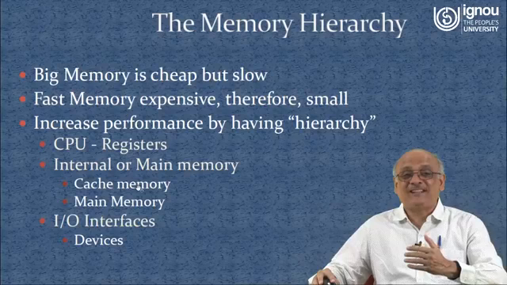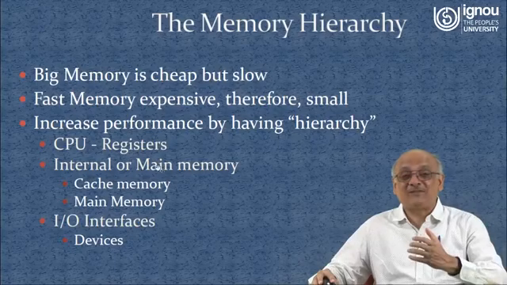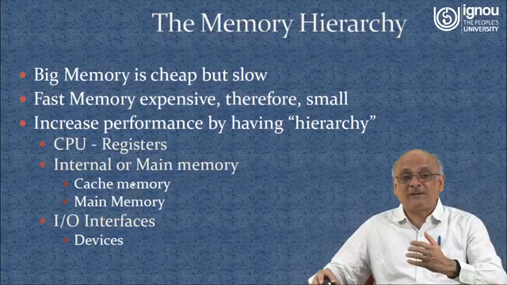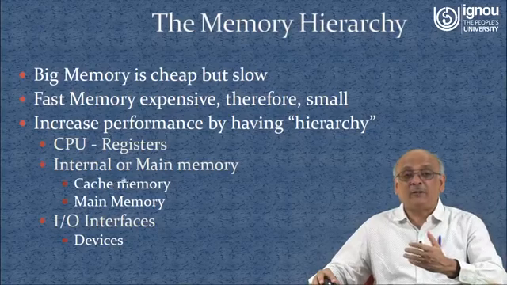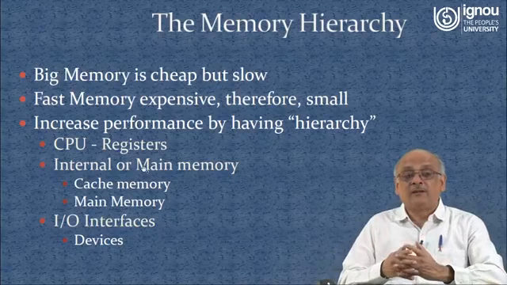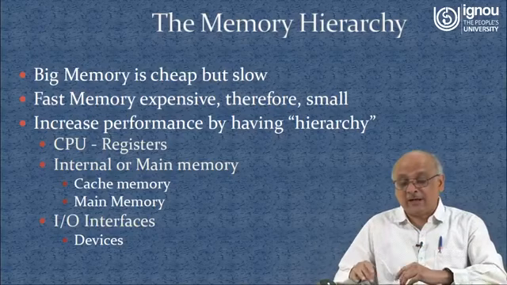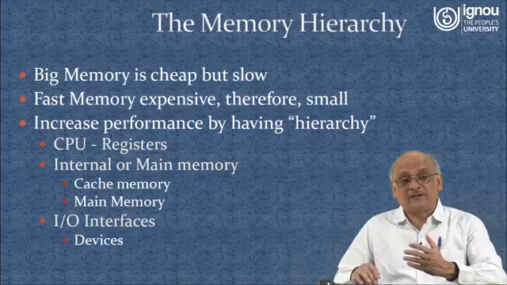This is the essence, and cache memory is going to be very, very fast. Some of the data will be caught in the cache memory and CPU registers will get information from cache memory. An 80 to 90% hit ratio is what in general you get, and that is how you enhance the speed of overall memory to CPU access by around 80 to 90%. So this is how the whole thing works.